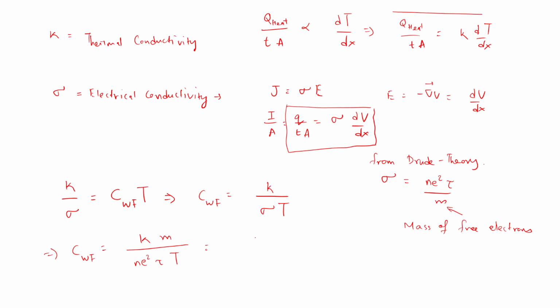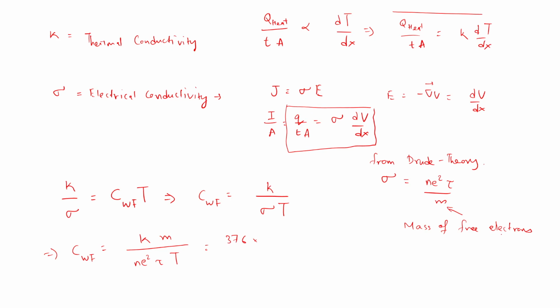Now you see all these values are given. Kappa is 376 in SI units. The mass is the mass of electrons.